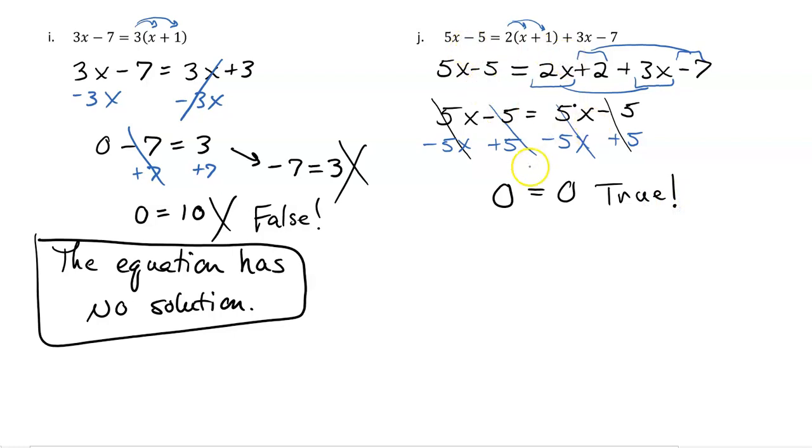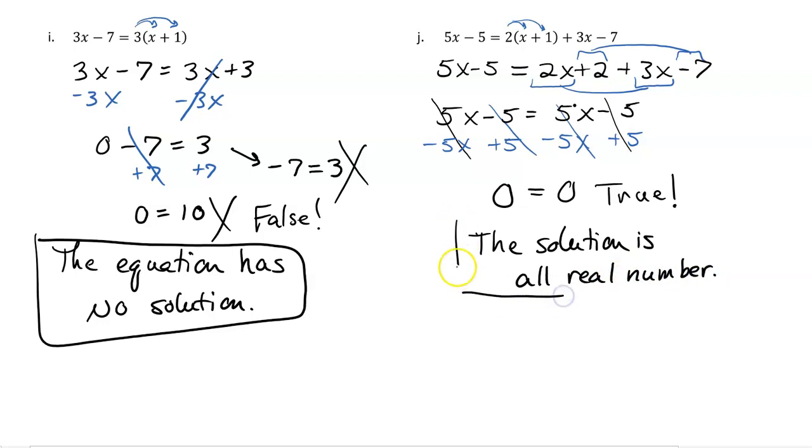So when my variables all cancel, and I don't have any more variables, and the resulting piece is true, if whatever's left over is true, then we're going to say the solution is all real numbers. In other words, whatever we plug in on the left side for the x, it's going to turn out to be exactly the same as what we get on the right-hand side.